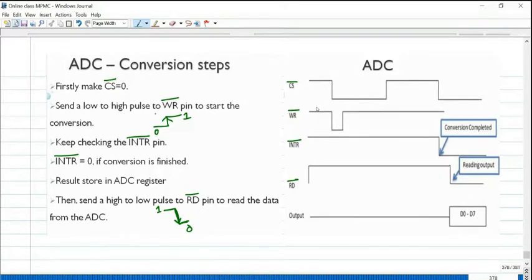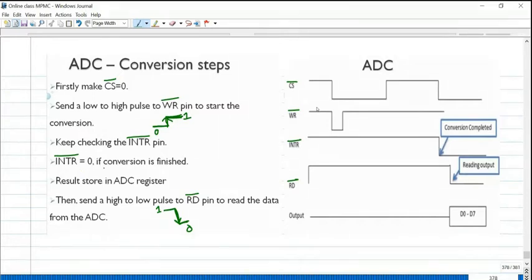Send a low to high pulse to write bar. To enable the conversion process, make your write bar 0 and then make it 1. So the conversion process has started. Once it is completed, the INTR line goes to 0.